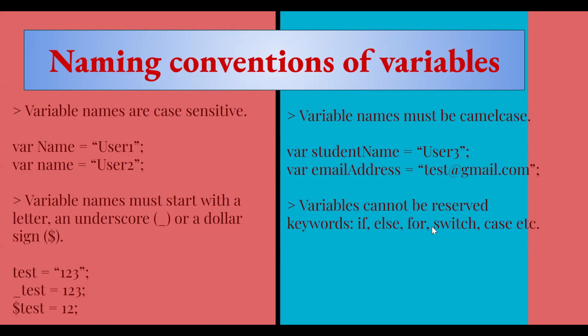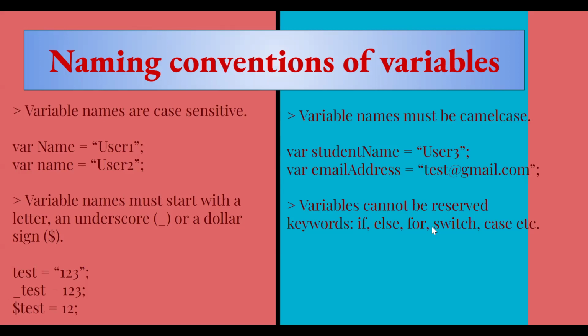Variable names must start with a letter, an underscore, or a dollar sign. The most recommended way to declare JavaScript variables is with camel case variable names, and ensure that there are not multiple variables with the same name. In camel case, the variable name is the combination of multiple words. The first letter of variable should be small, but the first letter of other words must be capital.